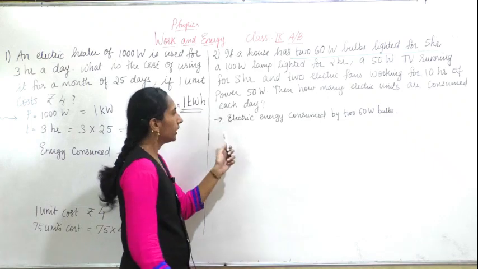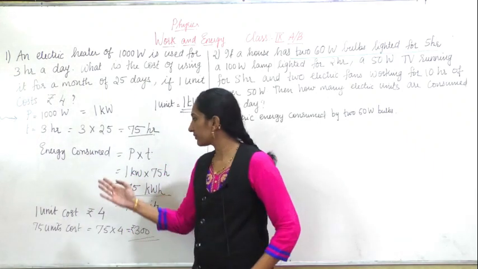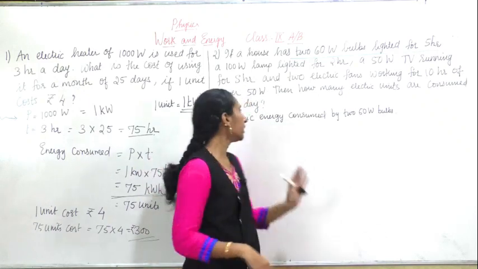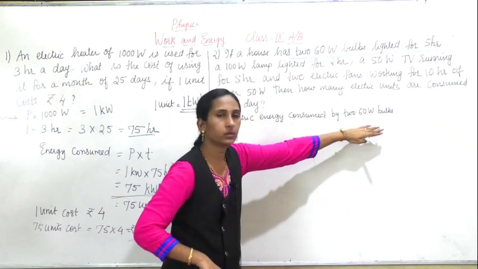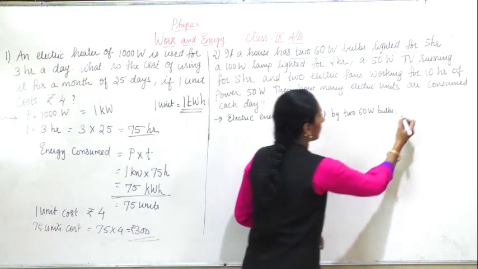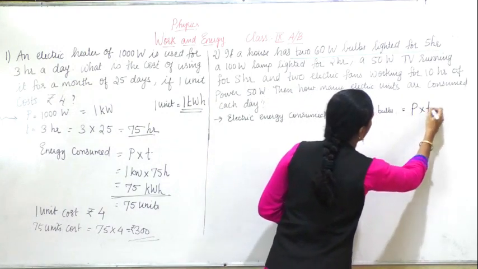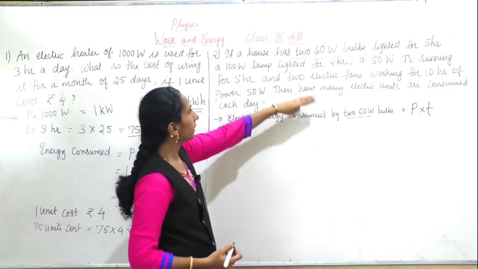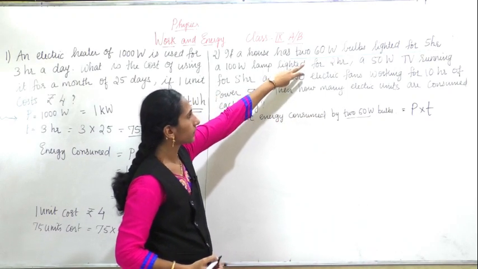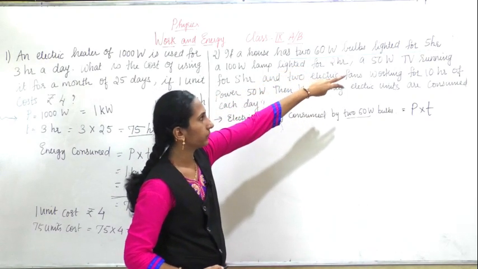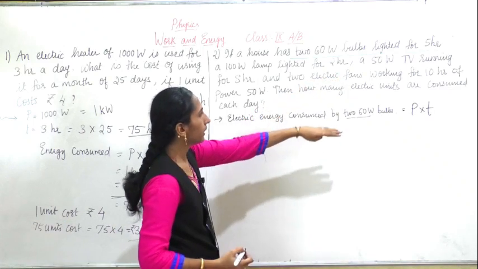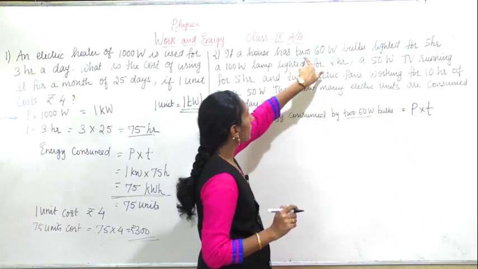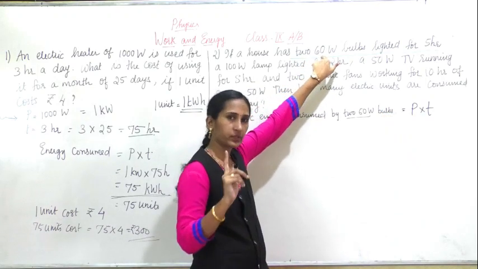As I have told you, the formula is energy consumed equals power into time. Same here, you are finding energy consumed equal to power into time. So for 2 bulbs, what is the power? 60 into time 5. While considering the power, see there are 2 bulbs, so you cannot consider only 60.